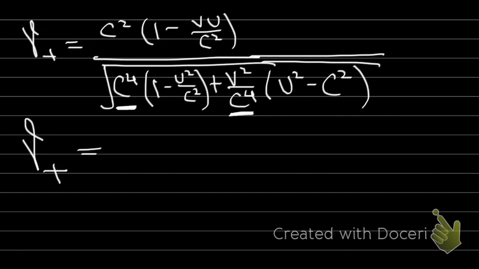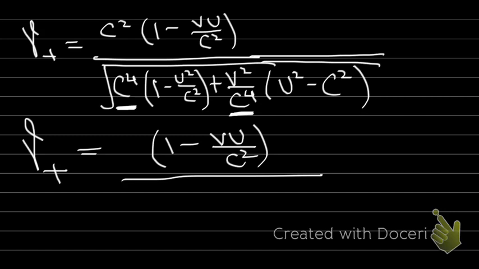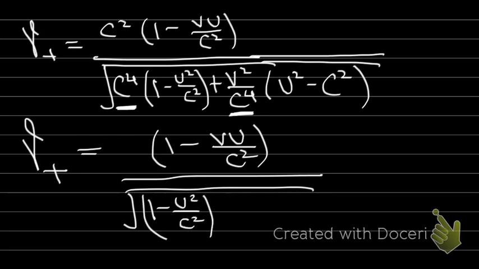Okay, and so then the expression would become 1 minus v times u over c squared, over the root of 1 minus u squared over c squared, right?